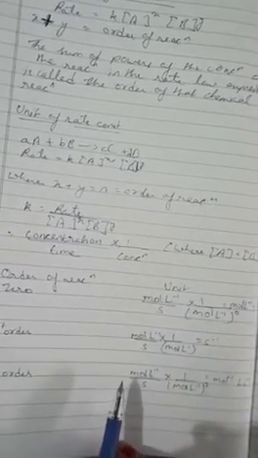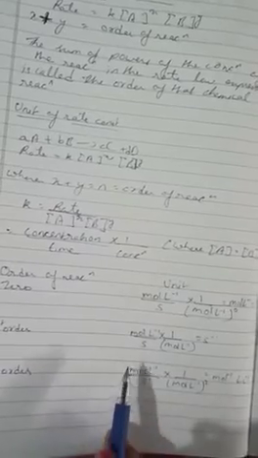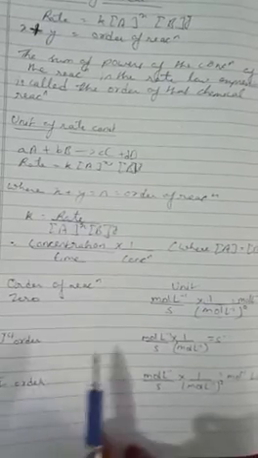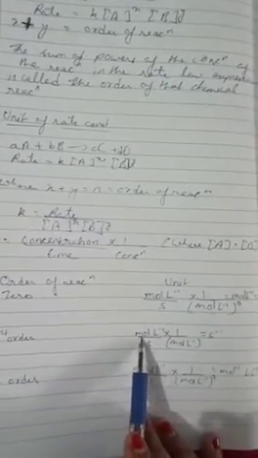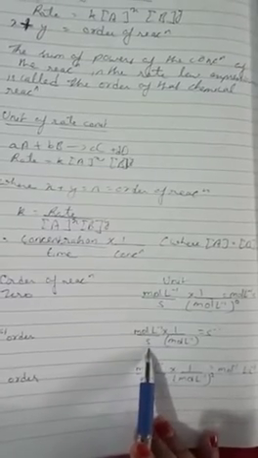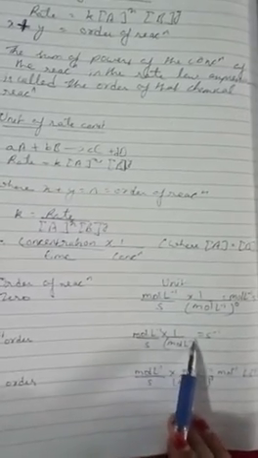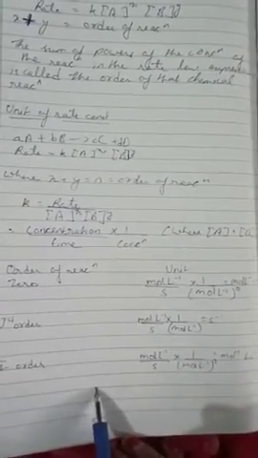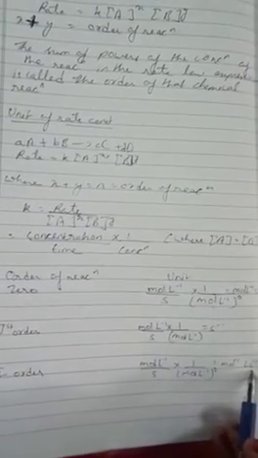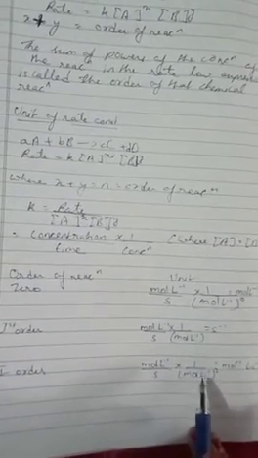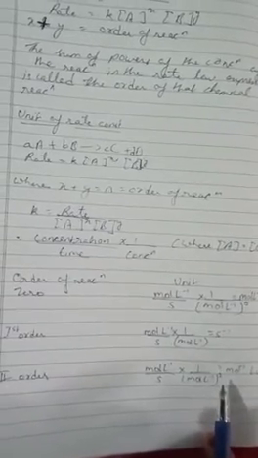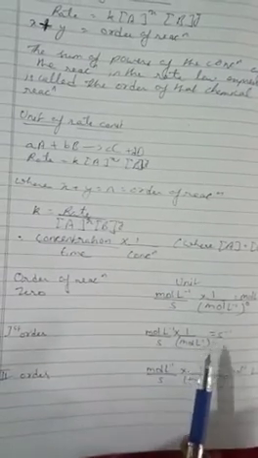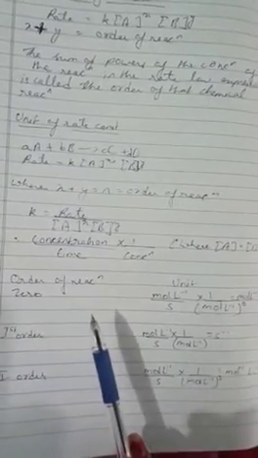In the case of a first order reaction, we have moles per liter upon second into 1 upon moles per liter, which gives second inverse. In the case of a second order reaction, it is mole inverse liter second inverse. So the basic thing you have to learn is the units for the different orders of reaction.